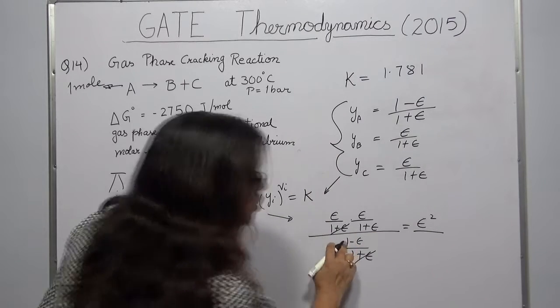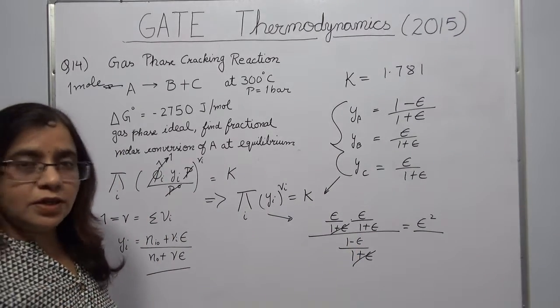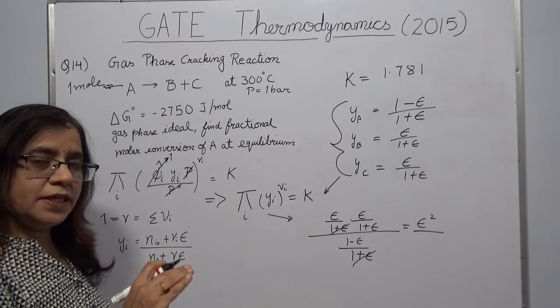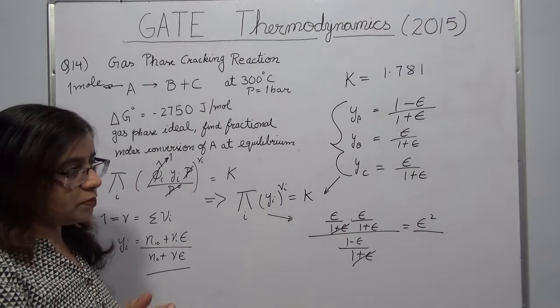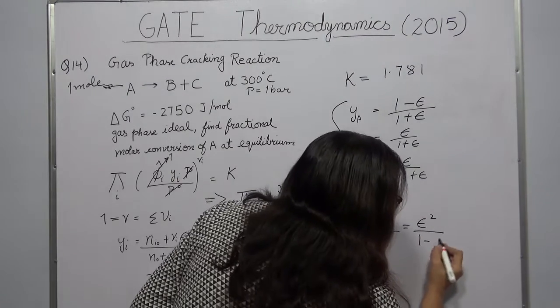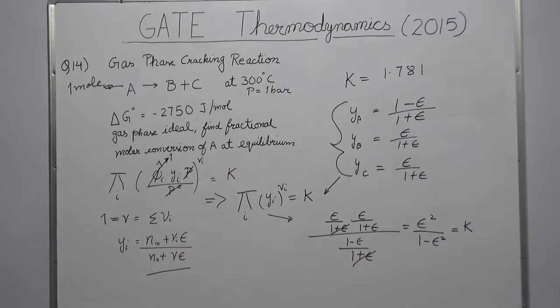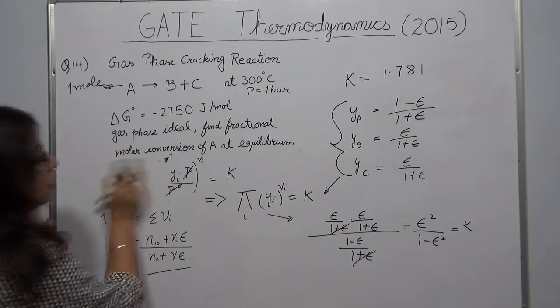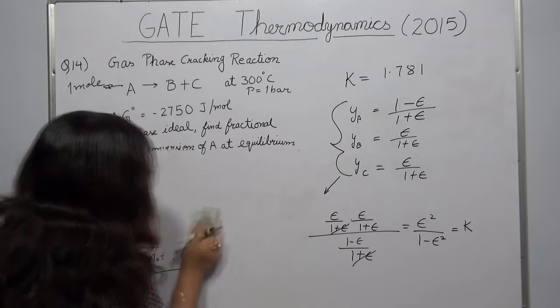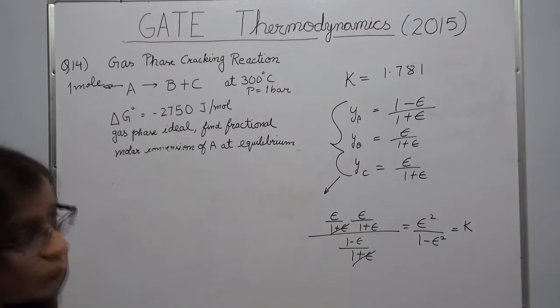1 plus epsilon into 1 minus epsilon will appear in the denominator. So a plus b into a minus b is a square minus b square. So I can write 1 minus epsilon square, that is equal to k. Okay. Now I will erase this so that I get some space on board.